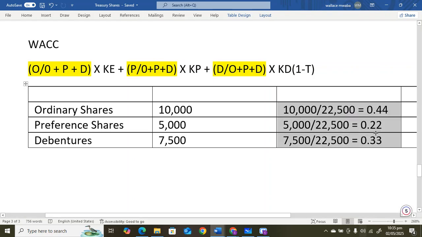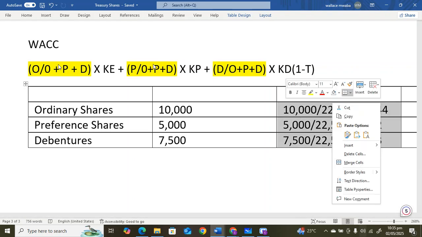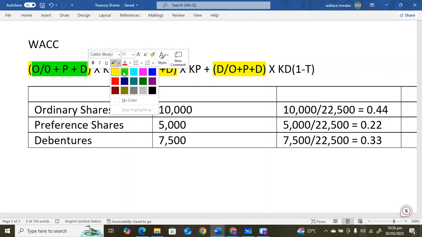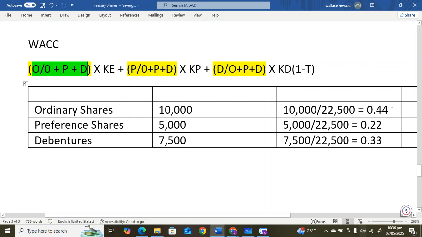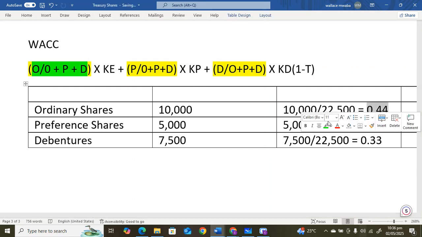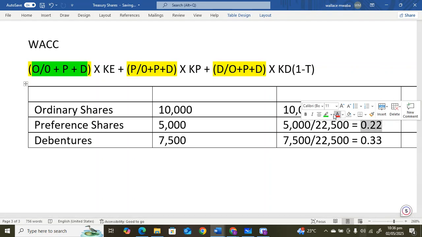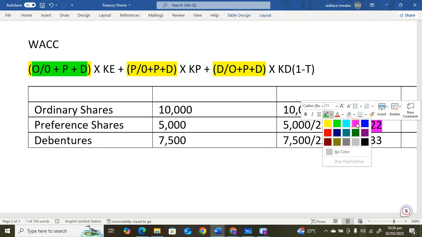So these values that we've got here, the 0.44, we have highlighted in green. That's the weighting of ordinary shares. So where there's this green one here, you will replace it with 0.44. Here, let me put it as purple.